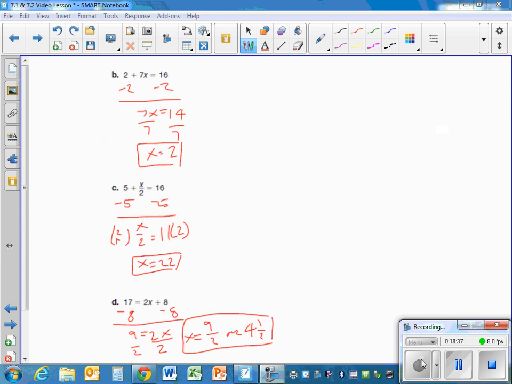Here are your answers to B, C, and D. B is equal to 2, C should equal 22, and then D should equal either 9 over 2 or 4.5. If you did not get these answers, you need to check the work I did. Make sure that you worked backwards through your order of operations.